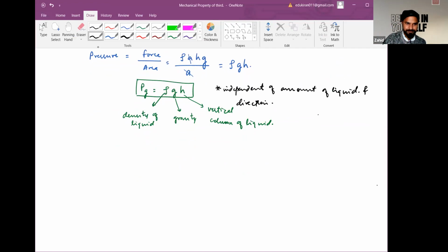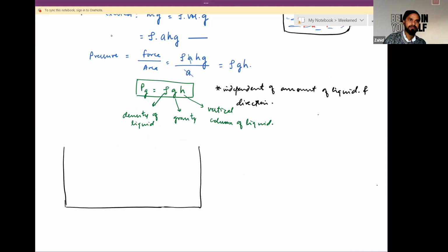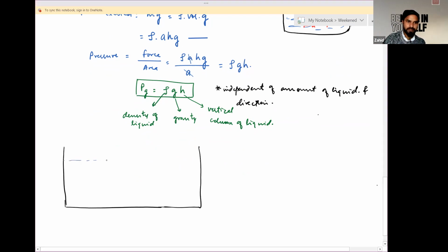Suppose you have a container like this, in which liquid is filled up to this point.